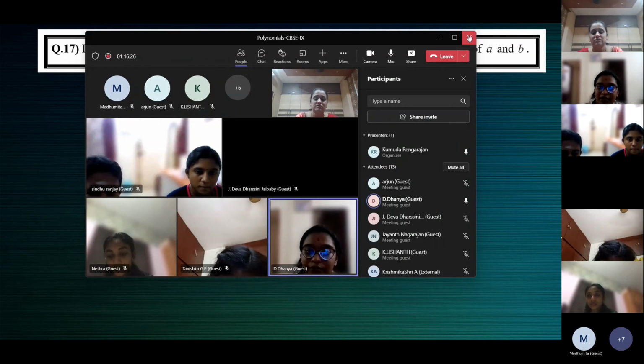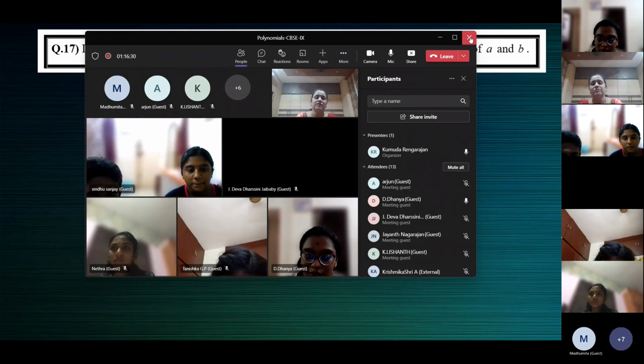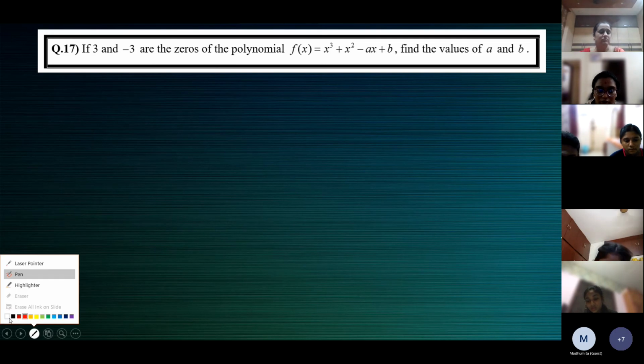Ma'am, we have to find the values of A and B. Yeah, we have to find the values of A and B. What are the equations you can construct with 3 and minus 3? If 3 is a 0, what is the condition that you can generate? It is a factor of f of x.